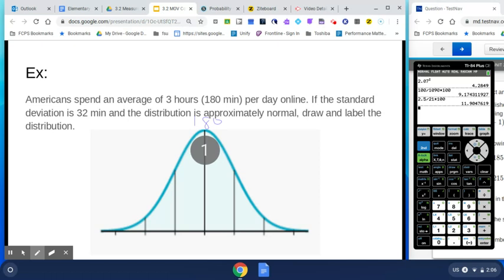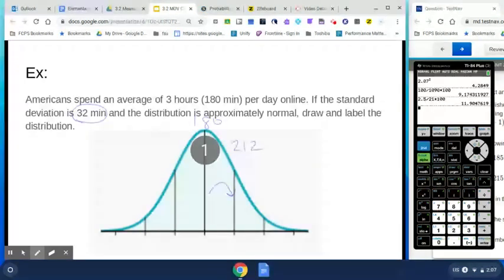So if I move one standard deviation to the right, our standard deviation is 32 minutes. So I'm going to add 32 minutes to 180. So 180 plus the 32 would give me 212. So this first line that is one standard deviation above the mean is going to represent 212 minutes.